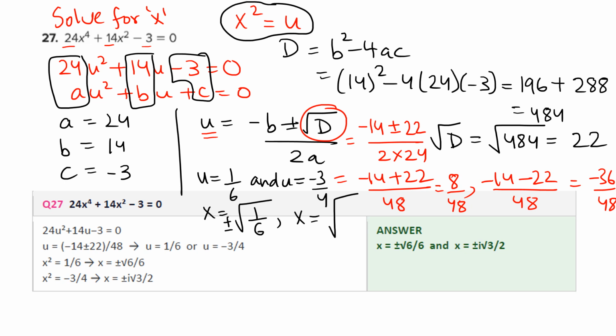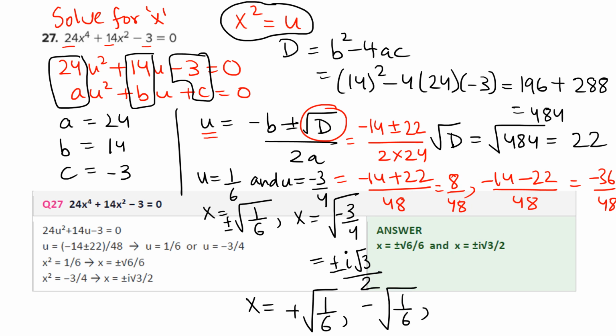So square root of minus 3 by 4 will give you plus minus iota square root 3. 4 is a perfect square of 2. So what are your final four answers? Plus 1 over square root 6, minus 1 over square root 6, and plus square root 3i over 2 and minus square root 3i over 2.